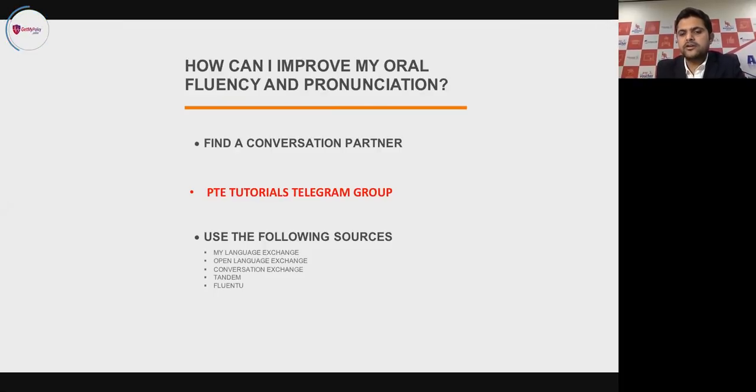And from there, there are many members. Right now we have more than 3,000 members on the group. So you can find your conversation partner on that group, and you can help each other to regularly talk in English with each other, and to regularly practice and improve your fluency and pronunciation.